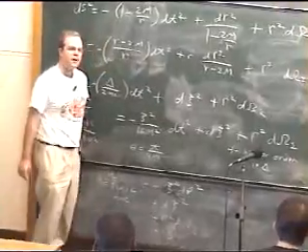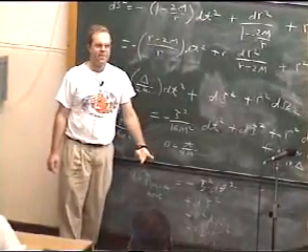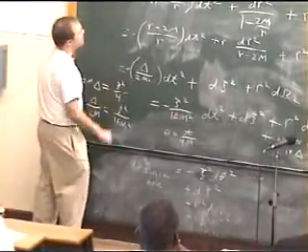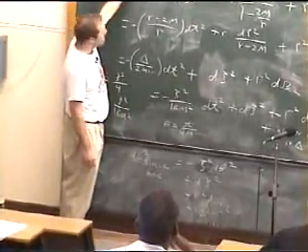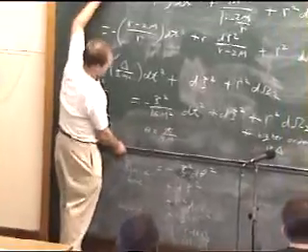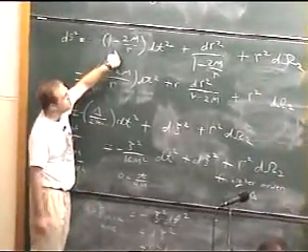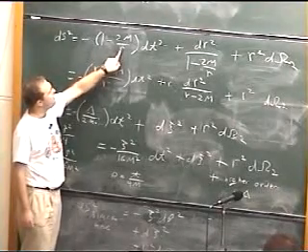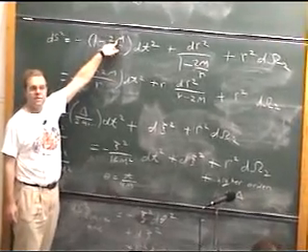So you might ask, well, what happens if I do the same trick inside the horizon? Okay? It can be done. To do this inside the horizon, one merely does the same thing, starting here, keeping track of all the signs properly, but doing it for r less than 2m. Okay?